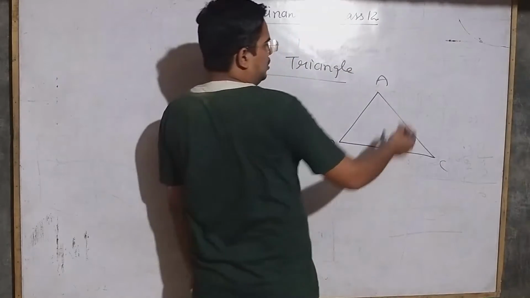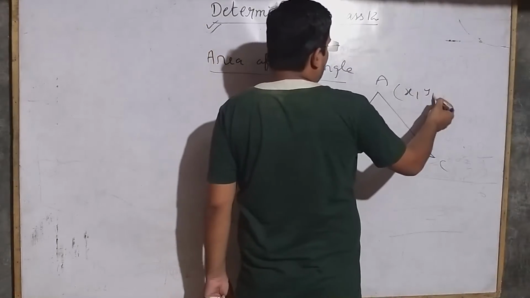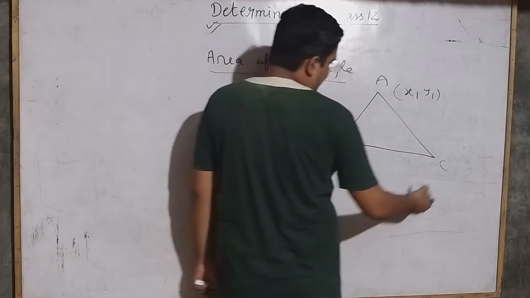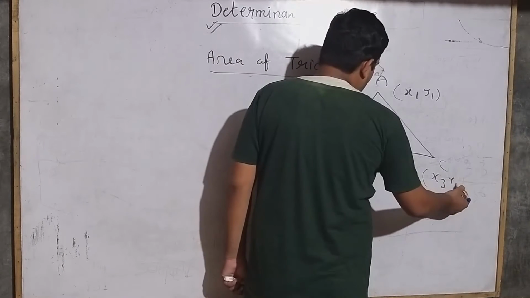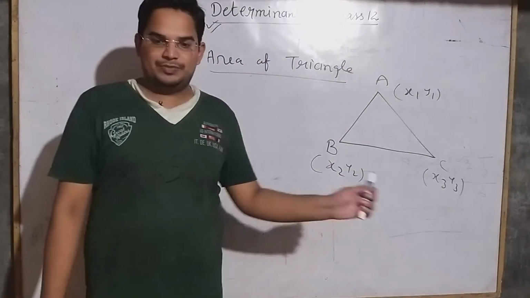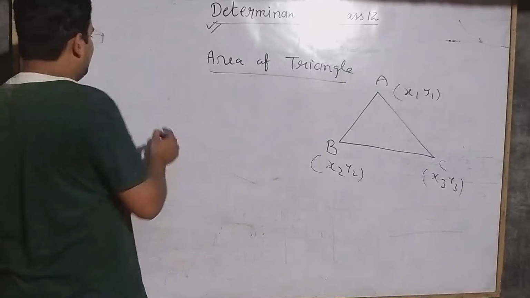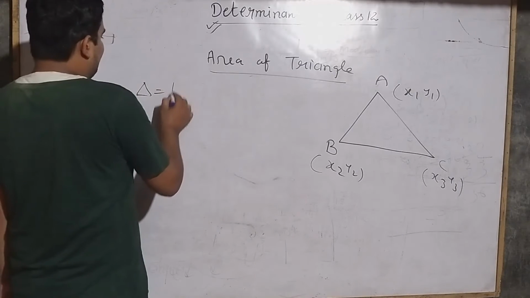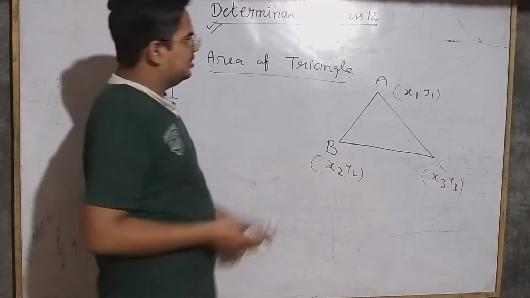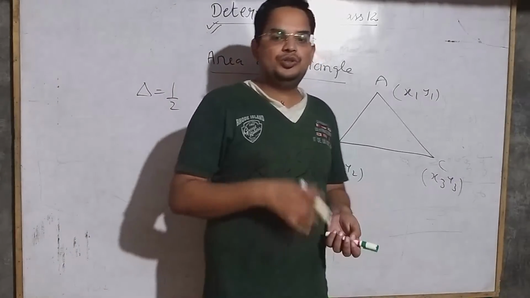The coordinates of this point are x1, y1. The coordinates of this point are x2, y2, and the coordinates of this point are x3, y3. Now I am going to tell you how to find the area of any triangle with the help of this method. So what is the area of the triangle? You can directly write delta is equal to 1 by 2. In your board examination they will give you the coordinates and ask you to find the area of the triangle.